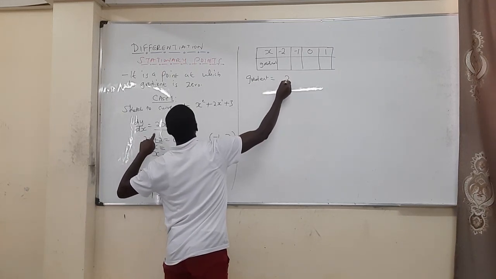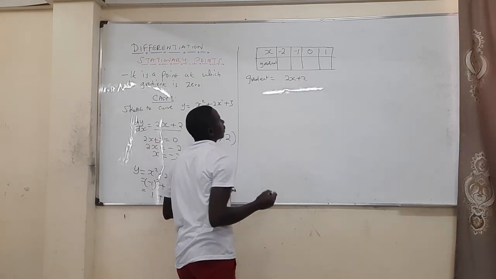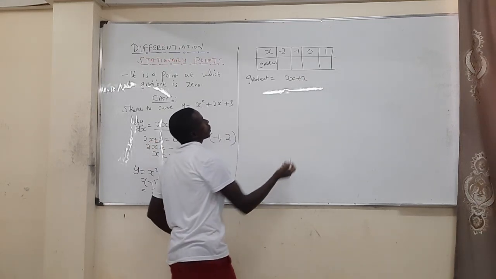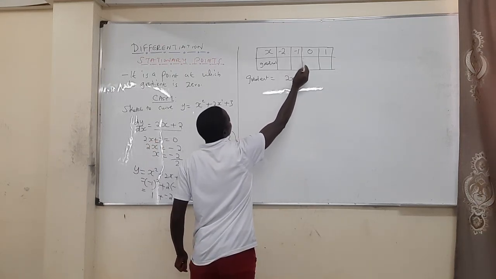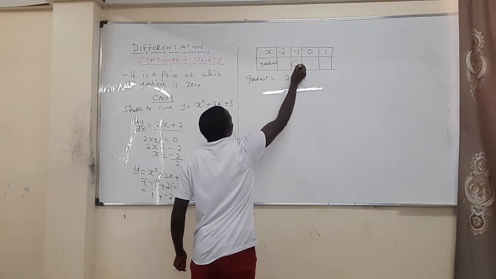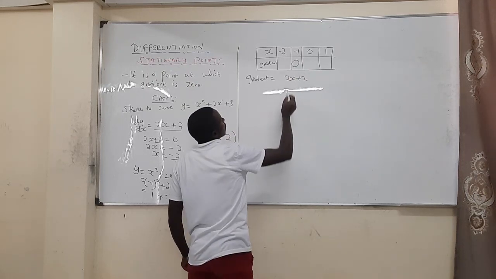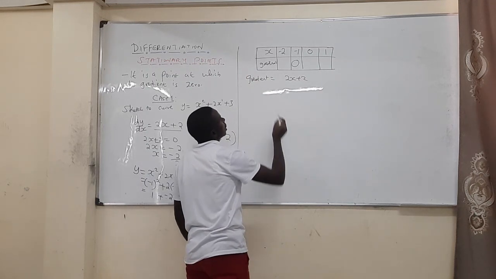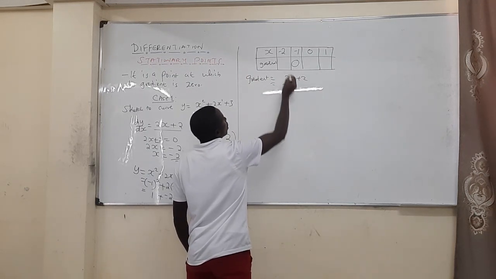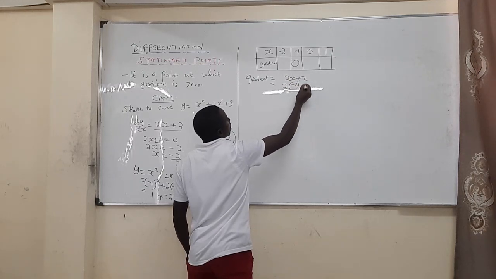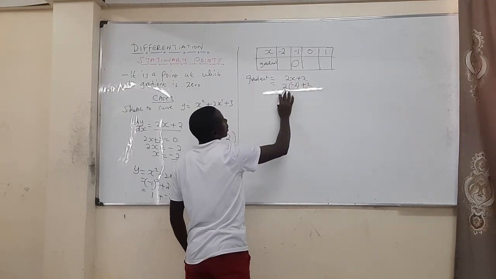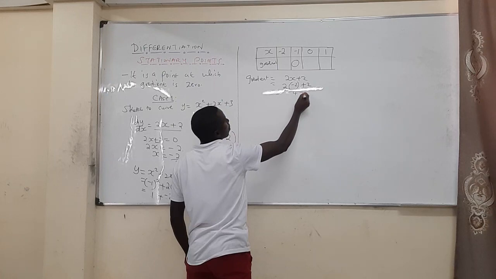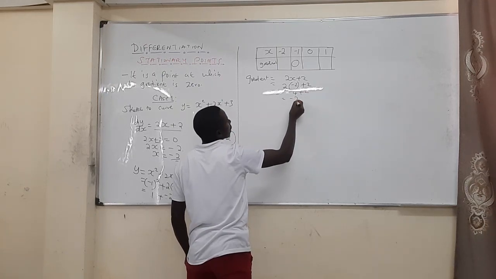Our gradient function is 2x plus 2, our derivative. So we substitute these values. At minus 1, the gradient is 0. On the left hand side of the stationary point, we have 2 multiplied by minus 2, then plus 2. Minus 2 times minus 2 is minus 4, plus 2, you get minus 2.